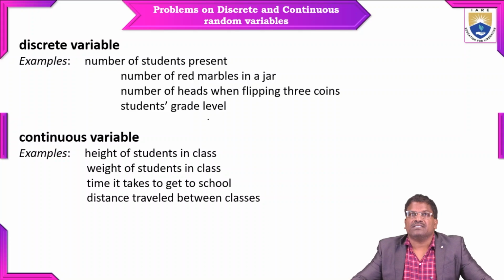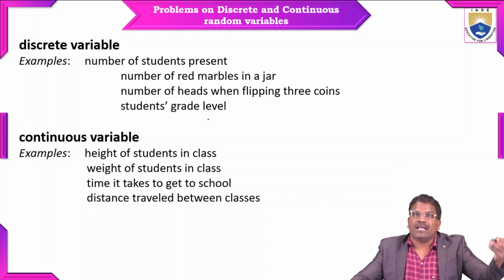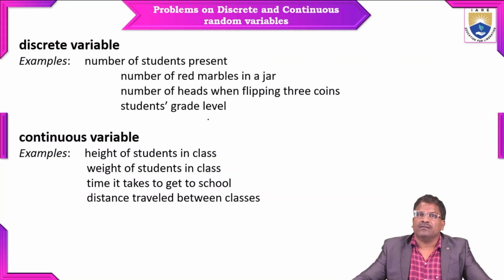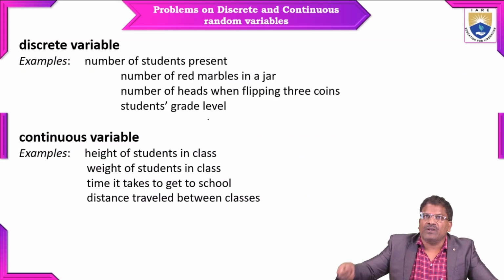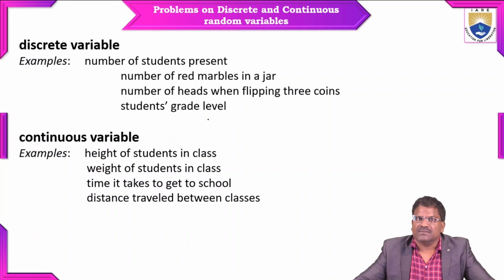Now, under discrete random variable, what can we see as examples? Number of students present, countable. Number of red marbles in a jar, it is evident, clear, countable. Number of heads when flipping 3 coins, limited.